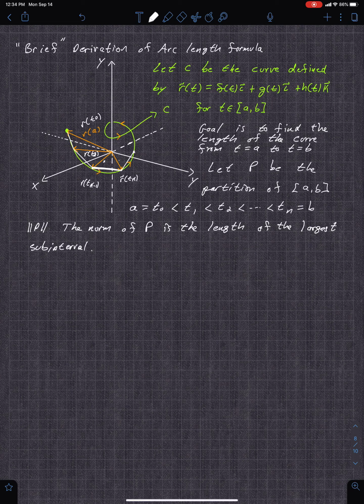Okay, and so what you're doing is you're taking your interval on the reals, right? This is R. And you're taking A to B, and you're partitioning this thing. Like, so here's t1, here's t2, t3, right? And that's not uniform or anything. Then we're going to get to t sub k minus 1 to t sub k.